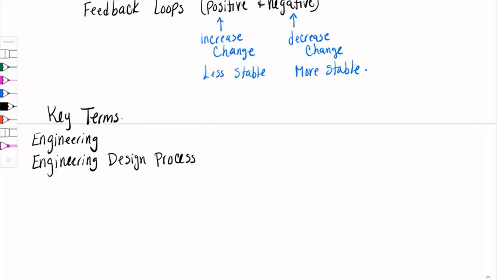Okay. Criteria. Constraint. Cost benefit analysis. We just talked about that.